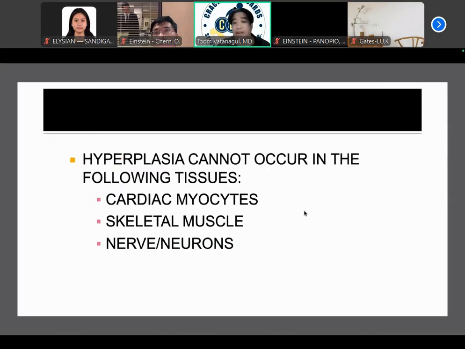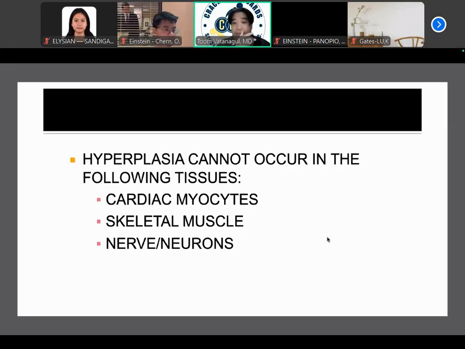Now, I want everyone to memorize this by heart. Hyperplasia cannot occur in the following tissues. Number 1, cardiac. Number 2, skeletal muscles. Number 3, the neuron.